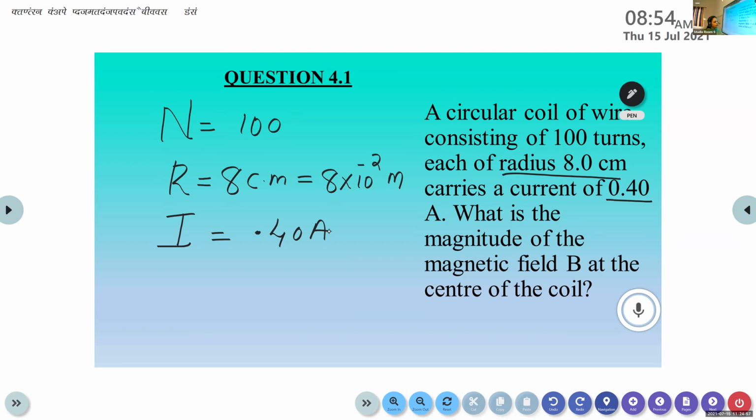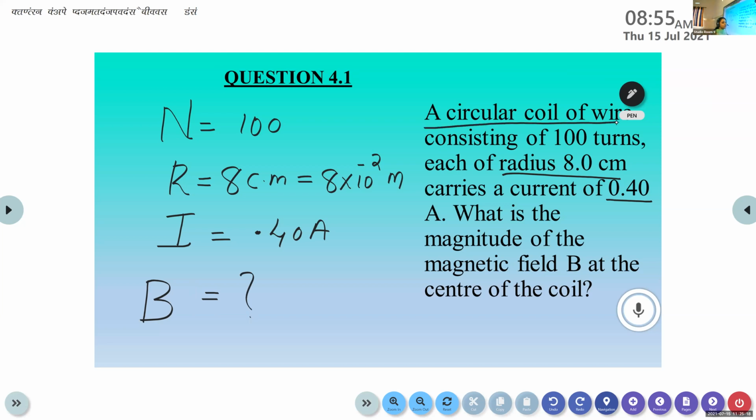And here what we want to calculate is the magnitude of the magnetic field B at the center of the coil. What is the equation for calculating the magnetic field B? Here it is a circular coil.